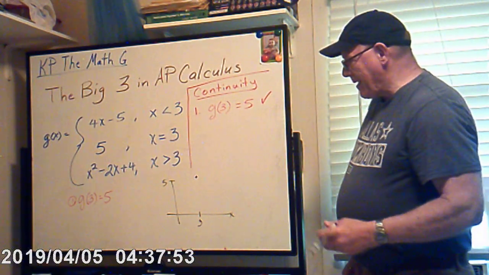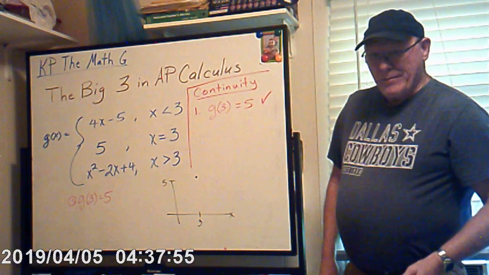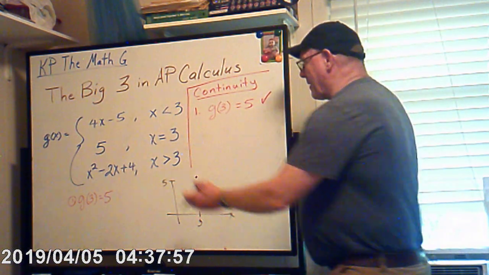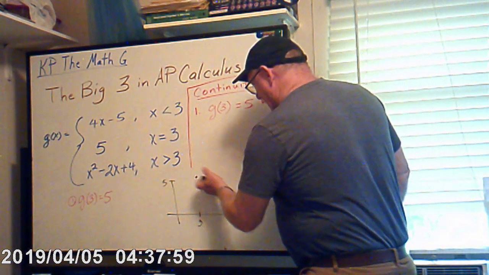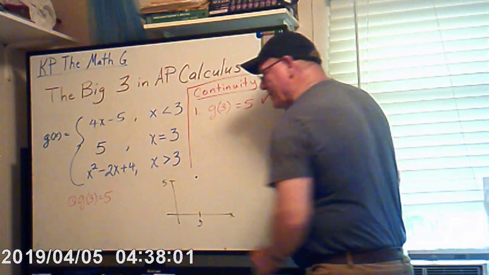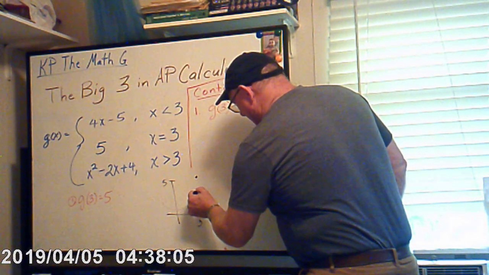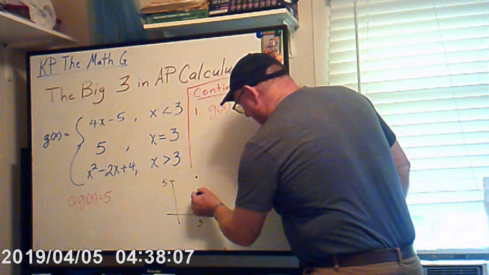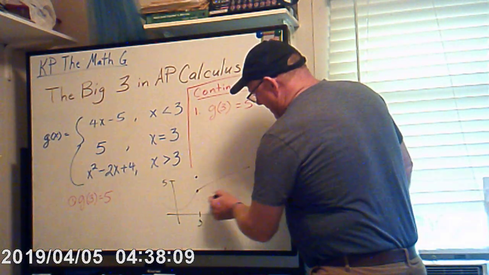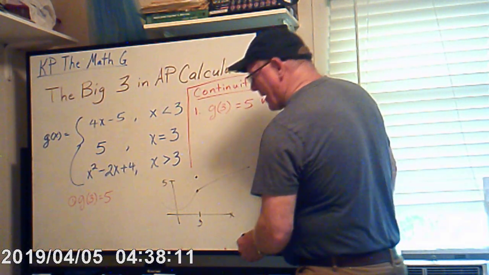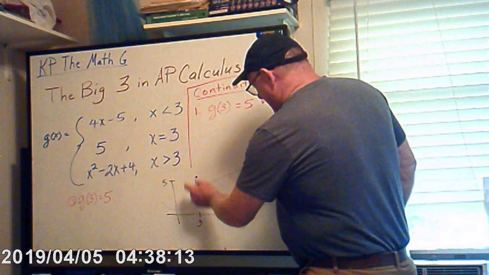Now, we're looking at continuity at 3. So this parabola and this straight line need to connect at 5. If it connects, say, somewhere else, like this, and then goes on from here, like that, that's not right. There's no continuity here.